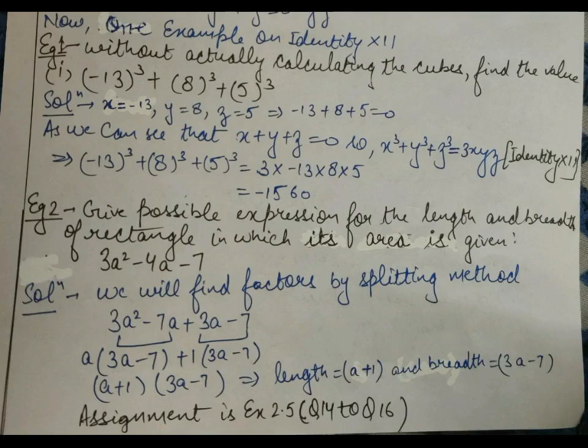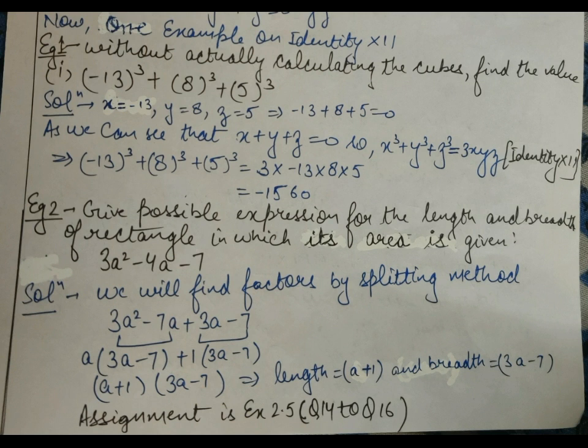Now one example on identity number 12. Example number 1 is, without actually calculating the cubes, we have to find the value of minus 13 whole cube plus 8 whole cube plus 5 whole cube. So we will first consider x as minus 13, y as 8 and z as 5. If we add x plus y plus z, we can observe that while adding we are getting 0.